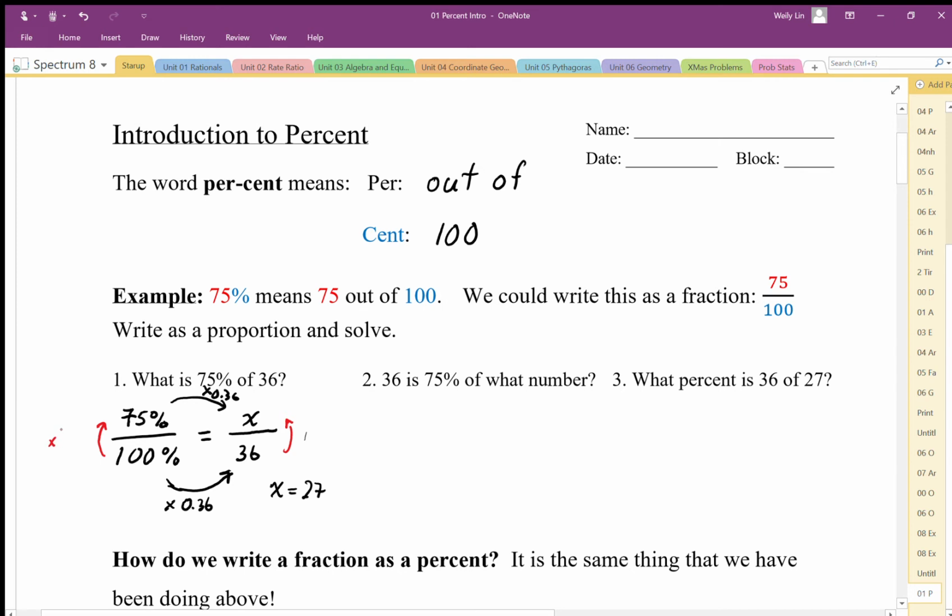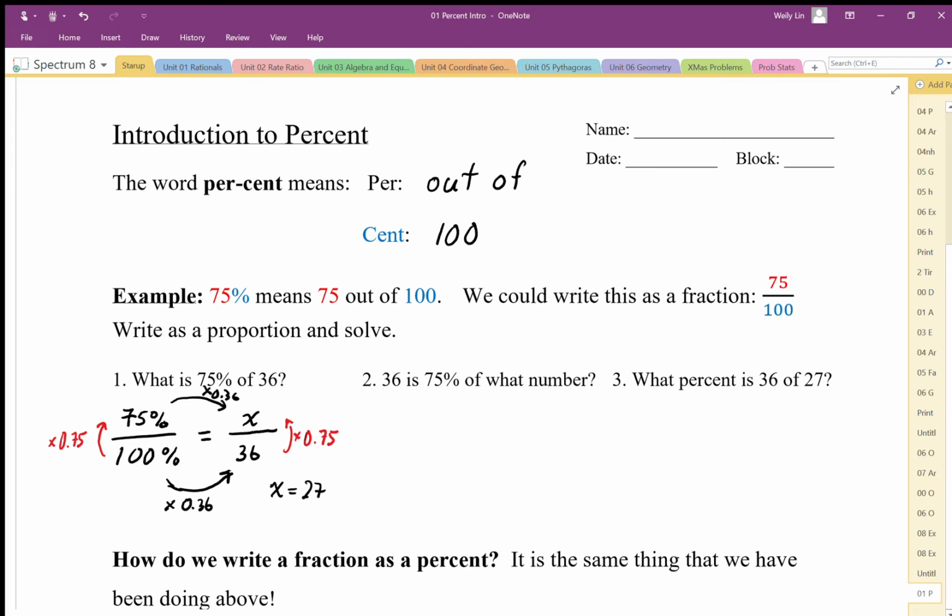So I divide 75 by 100 and I get 0.75. And that 0.75 is the decimal percentage, which is also the unit rate. The up and down multiplier is our decimal percentage or our unit rate, and we can use that multiplier to solve this problem. So we can say 36 times 0.75 is equal to 27.